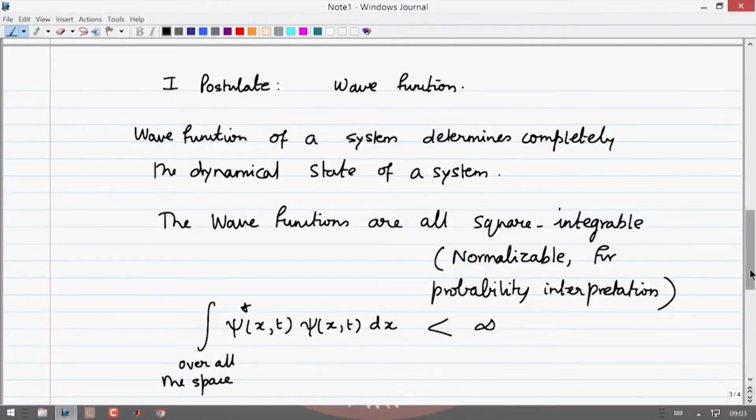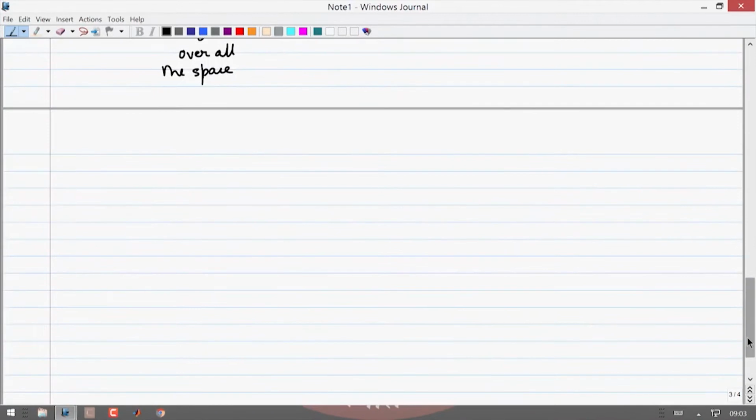There are quite a few examples. You have already seen the particle in a one dimensional box that we have used, sin n pi x by L, and we used the finite space of 0 to L for the variable x. That is the entire space available to the system.